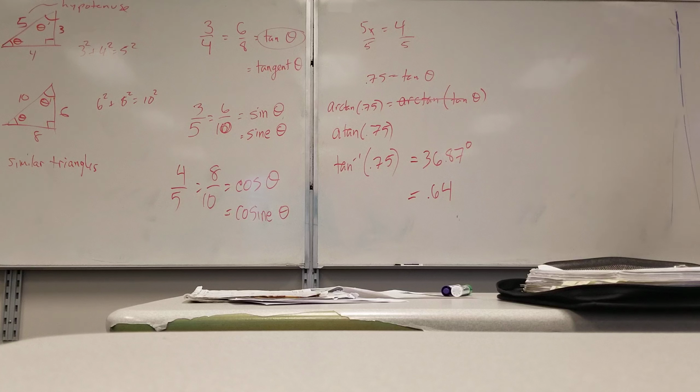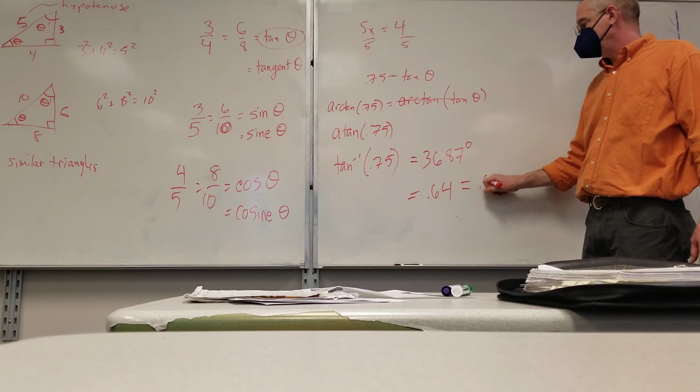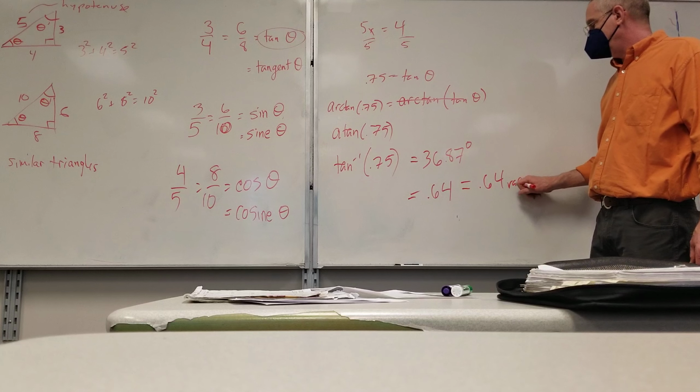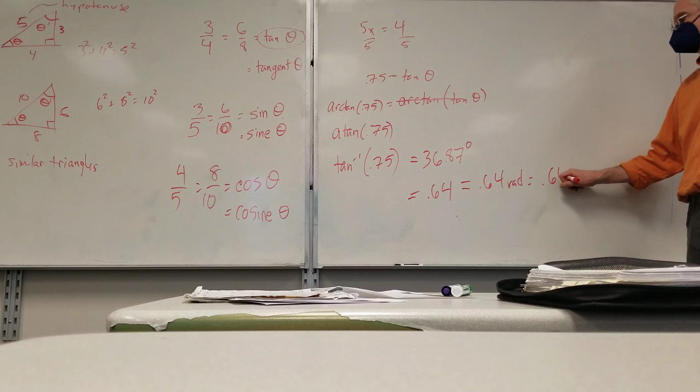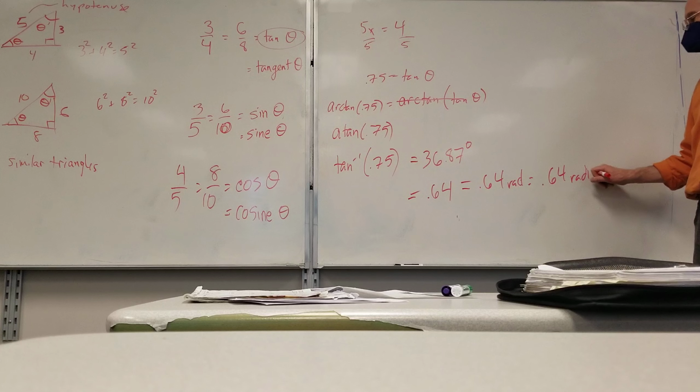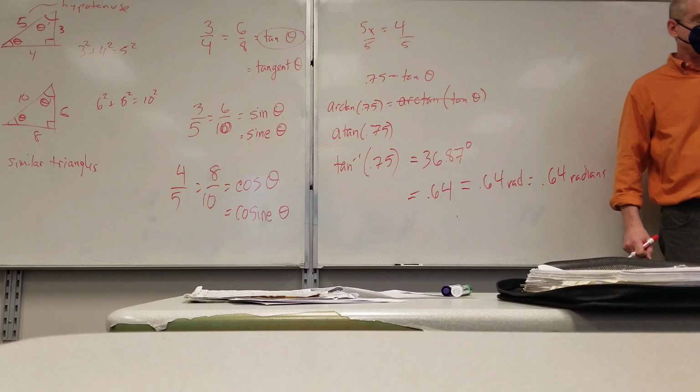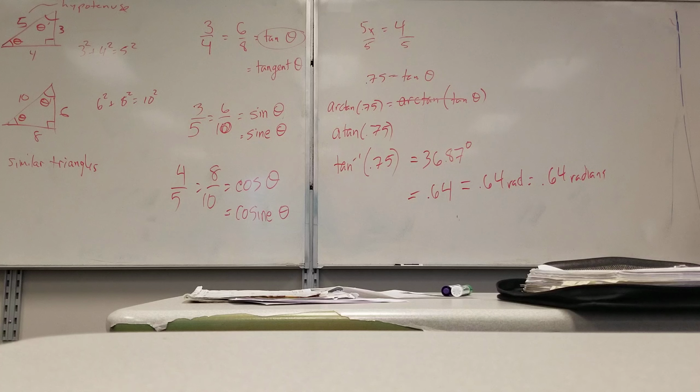Radians, if you want to write rad, that's fine, or not. We'll talk about it in more detail later, but radians are sort of a unitless unit. You can put it in if you like, or not. So if you tell me an angle is 36.87 and leave it there, you're telling me radians, if you don't put units on the angle.